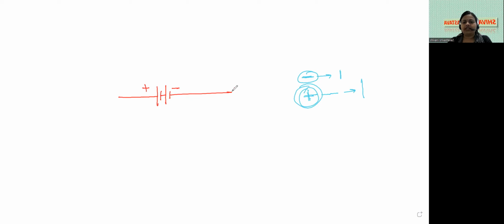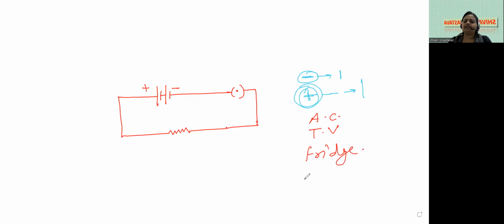Now we need to connect one key over here. Then the current will start flowing through the circuit. And resistance could be any appliance in our home, like AC, TV, fridge, and bulb.